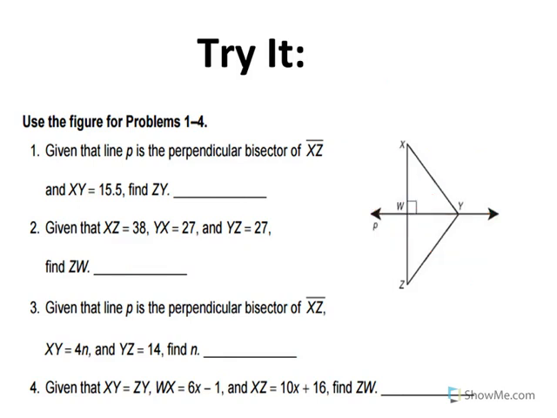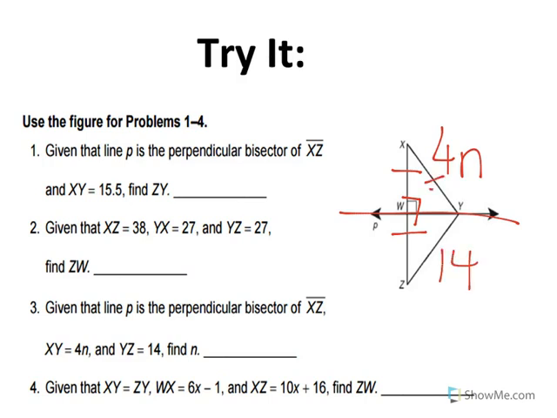Move on to number 3. Given line P is the perpendicular bisector of segment XZ, these two are congruent and form a right angle, and we're given that XY is 4n and YZ is 14.